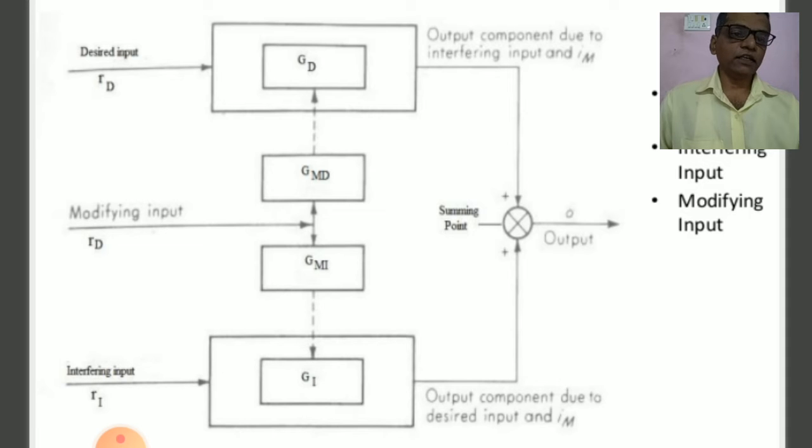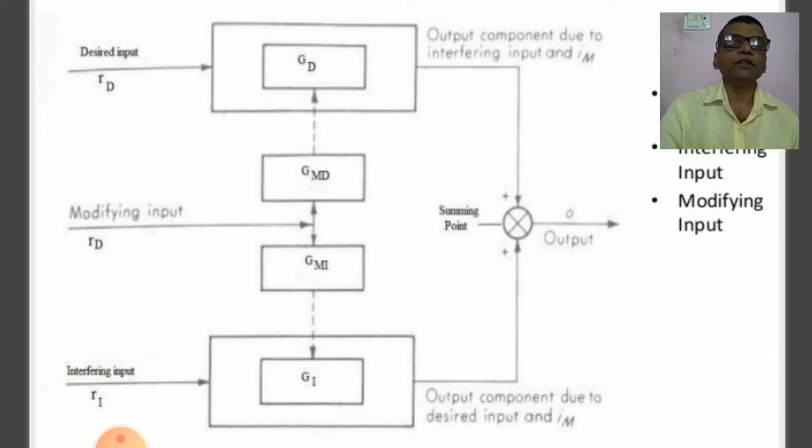The two plus signs indicate that the output of the summing point is the sum of the instantaneous values of its two inputs. An instrument or measurement system may be subjected to desired, interfering, and modifying inputs, and therefore the output is the sum of instantaneous output components resulting from these inputs.